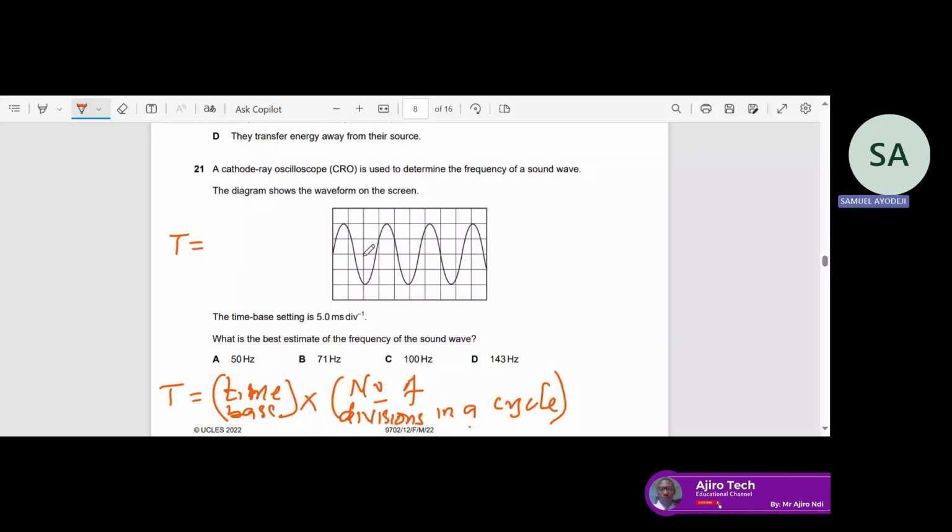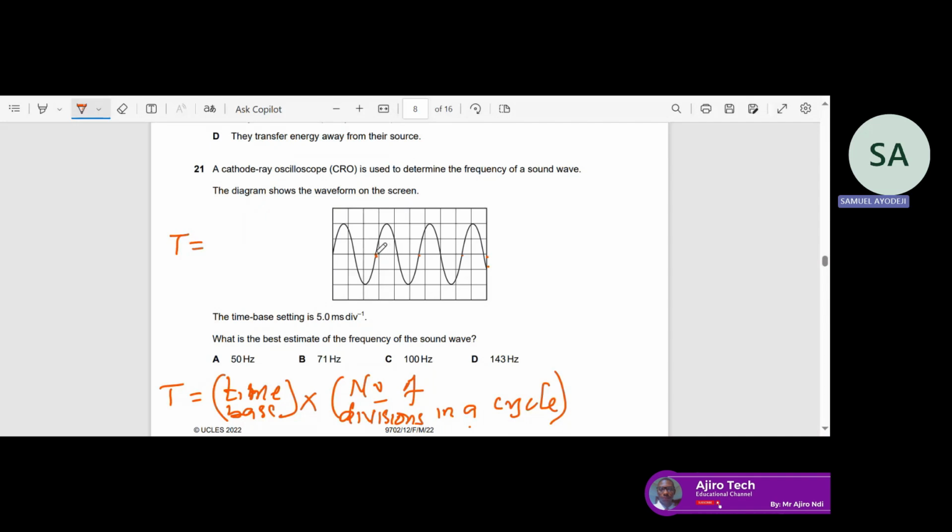This is 1, this is 2, and this is 3. That will give me around 3.5 something, because from here to here is 3, and this place goes beyond it.